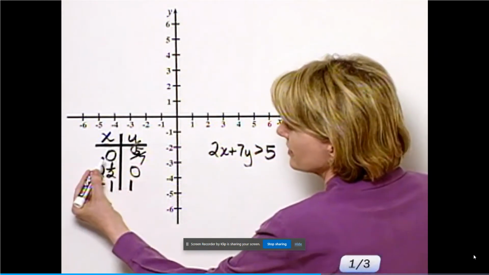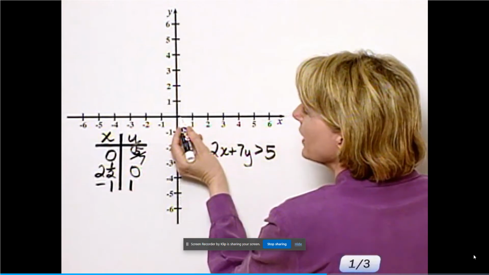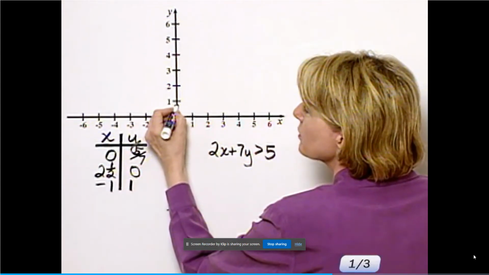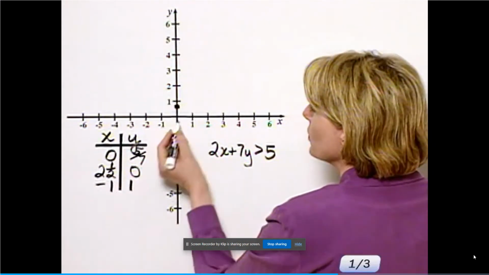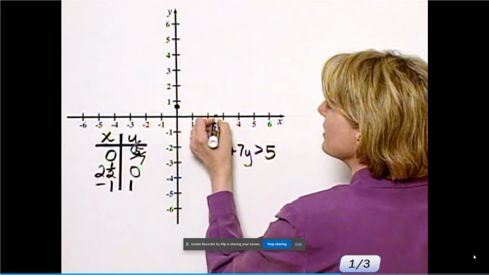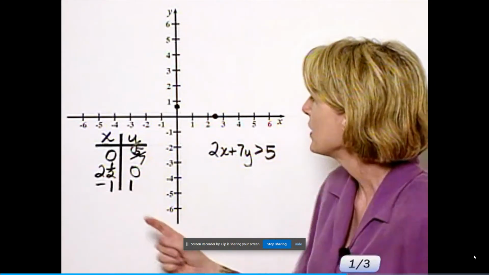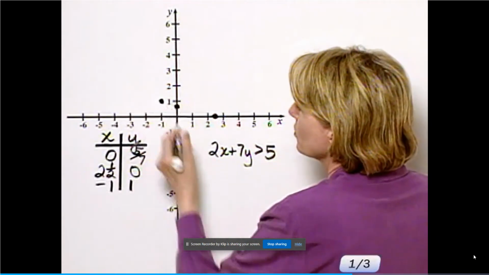All right, so let's see. This is 0, 5/7. So 0 left or right and 5/7 up, about right here. Then I have 2 1/2 to the right, 0 up or down, and then -1, 1, right there.